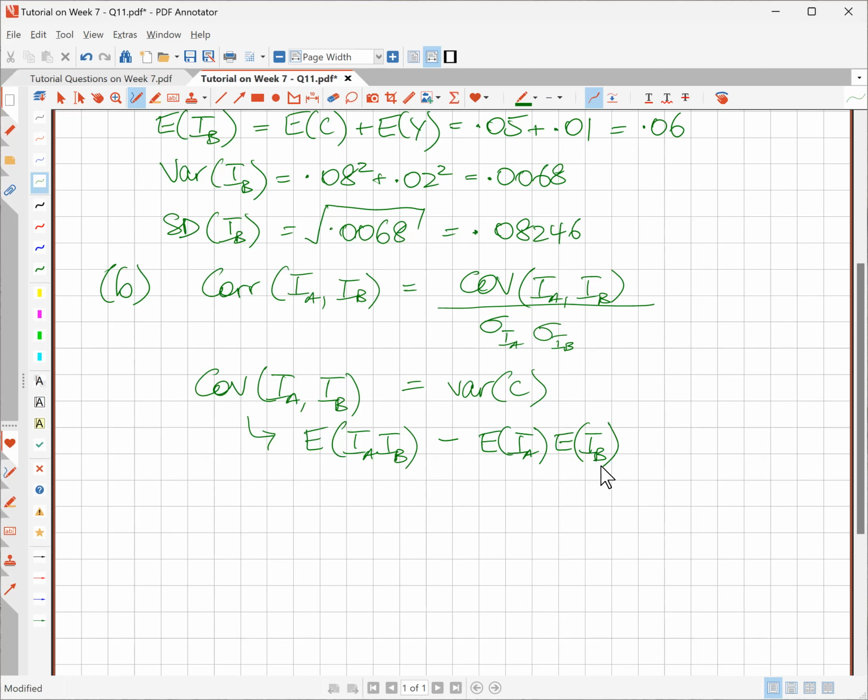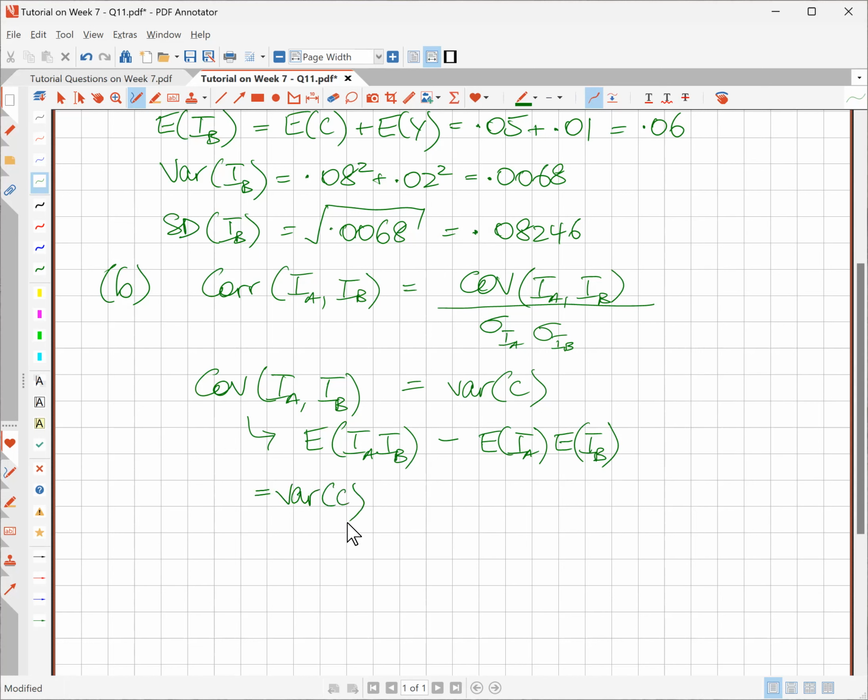And then you unpack each of those, IA being C plus X and IB being C plus Y, and so on, and you expand it, and then you collect appropriate terms, and you will find that you get an expression that amounts to this.